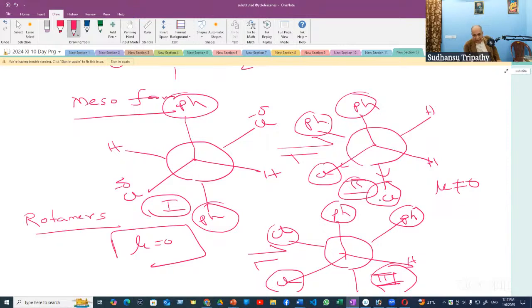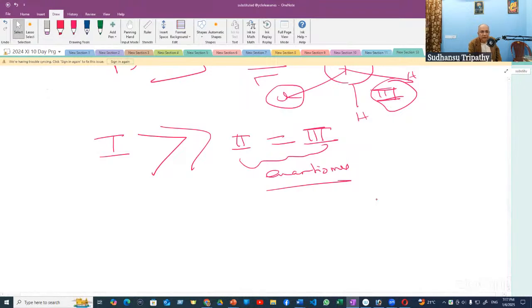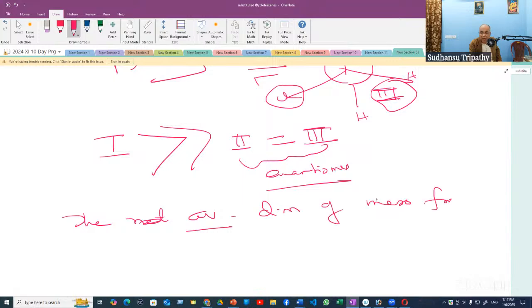So you will find that the average dipole moment of the meso form is 1.27 D. There you'll find 2.85 D, which is much greater.